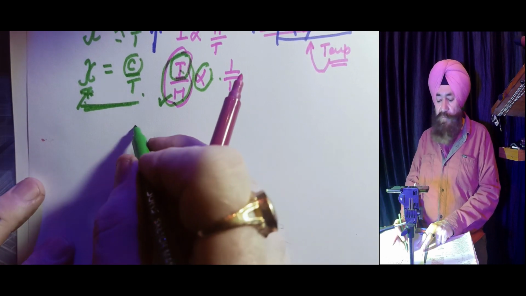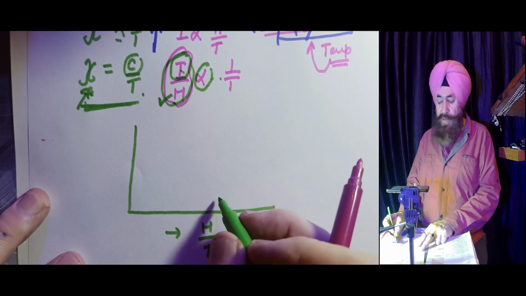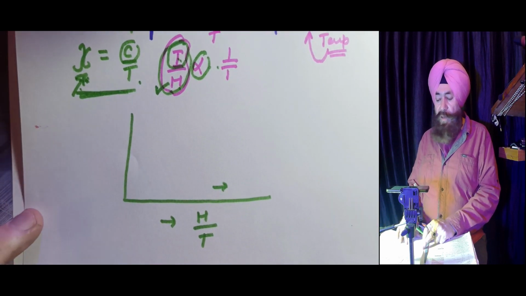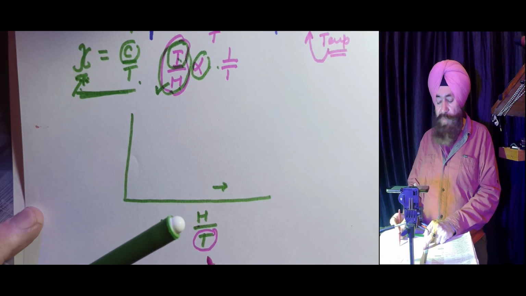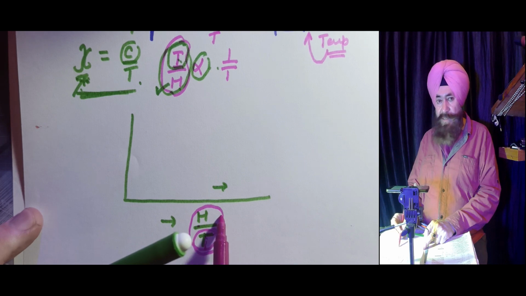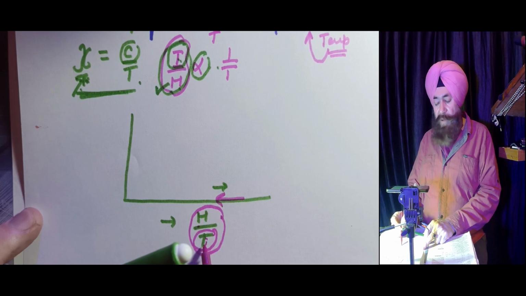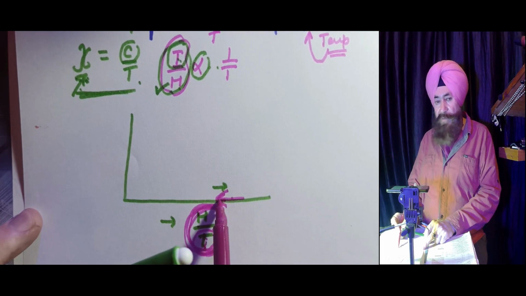Now if I plot a graph, I take H upon T along this side. If I increase T, this factor decreases, so going along this side means T is increasing.